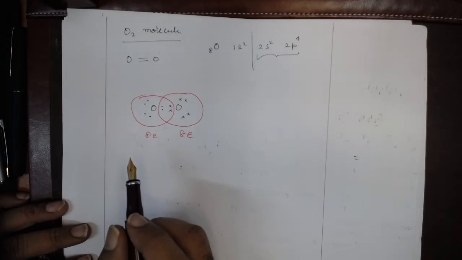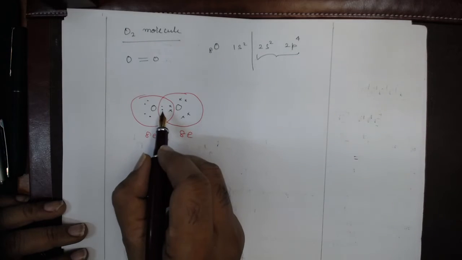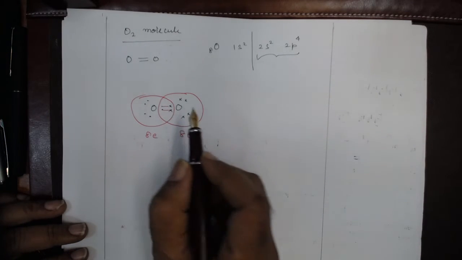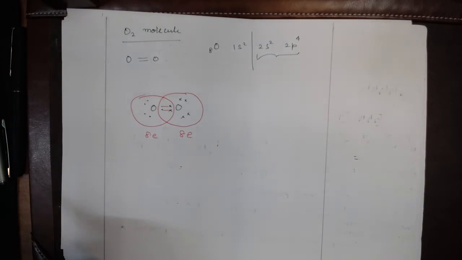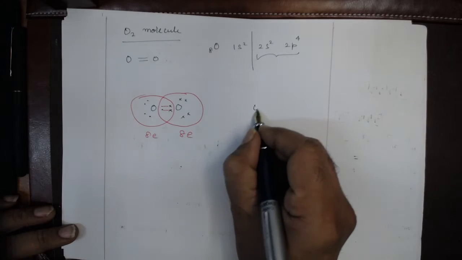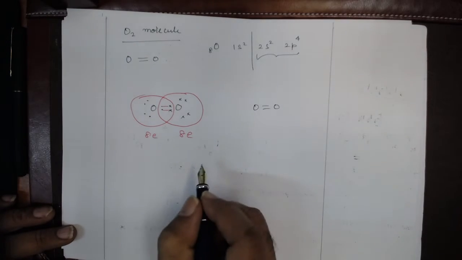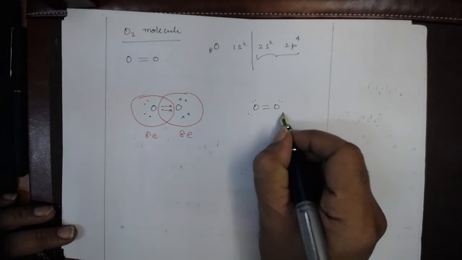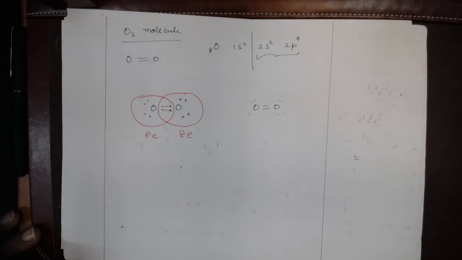So both of them are stable, and you can link these two. See that? So it forms a double bond. Got it? So this can be simply represented as O double bond O. If you want to put the electron dots, you can, with the 2 lone pairs of electrons on each oxygen. So do you understand?